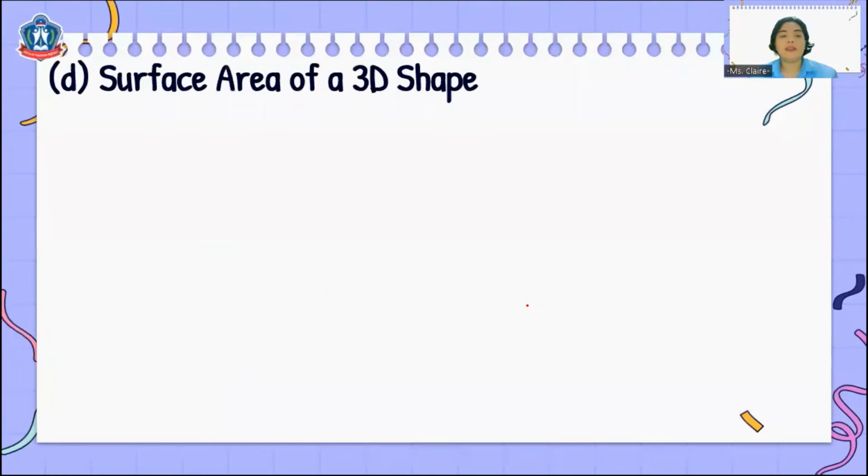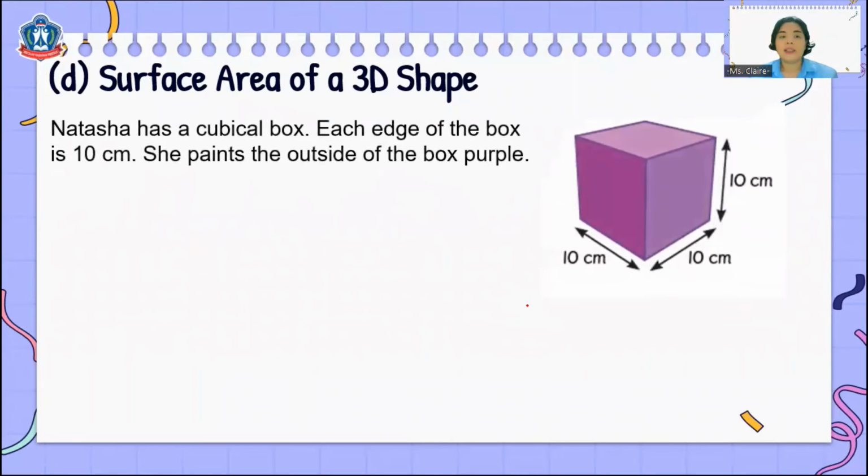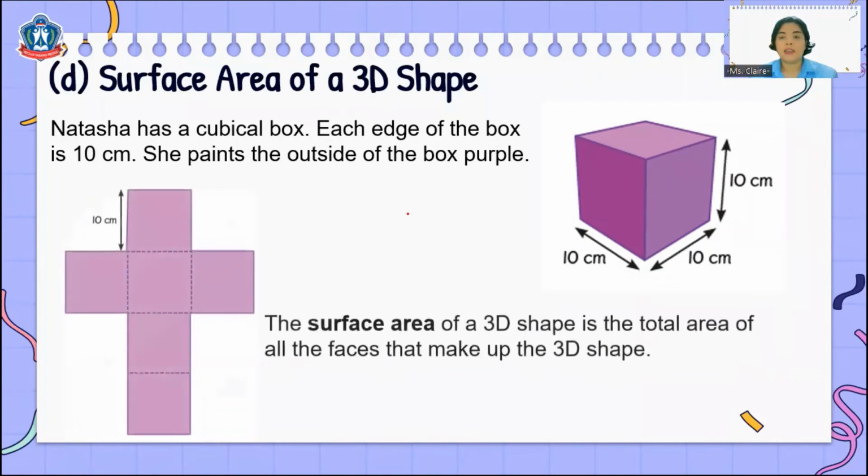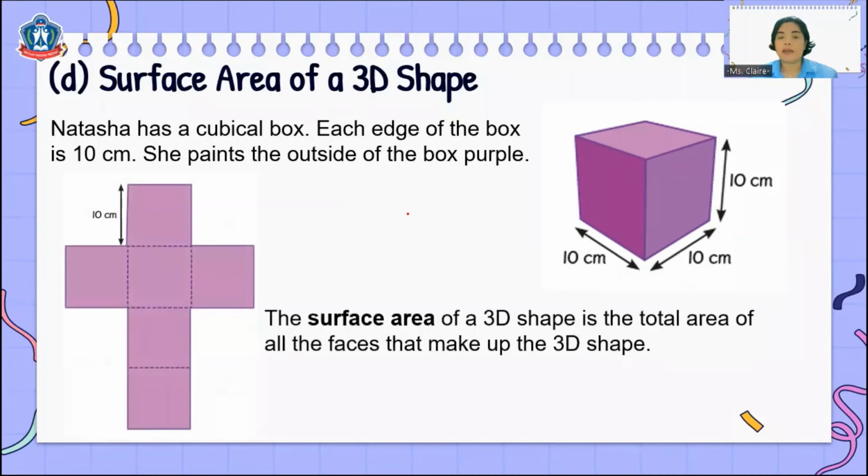Now let's study the surface area of a 3D shape. Natasha has a cubical box. Each edge of the box is 10 centimeters. So all the edges of this box measure 10 centimeters. She paints the outside of the box purple. So let's try to find the area of all the faces.